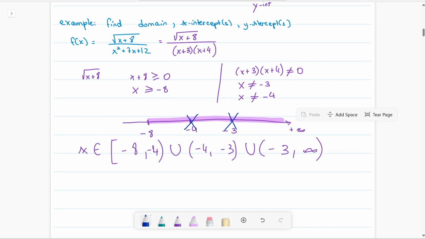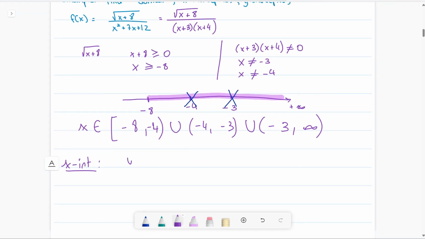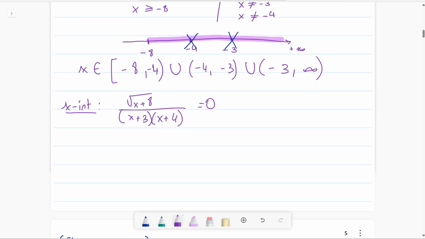Let's move on to finding the x-intercepts and the y-intercepts. So for the x-intercept, the entire function is equal to 0, so square root of x plus 8 divided by x plus 3 times x plus 4 is equal to 0. As I explained in a previous video, when a fraction is equal to 0, it's the numerator that's equal to 0. Denominator cannot be 0 or else the fraction does not exist.